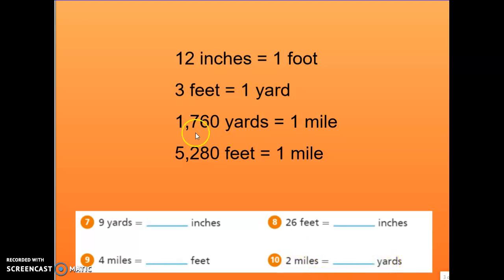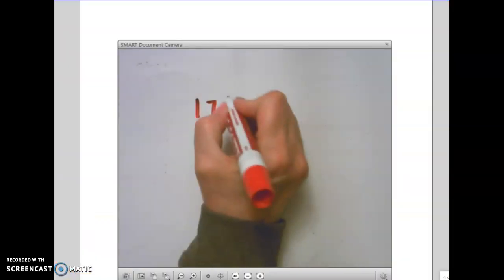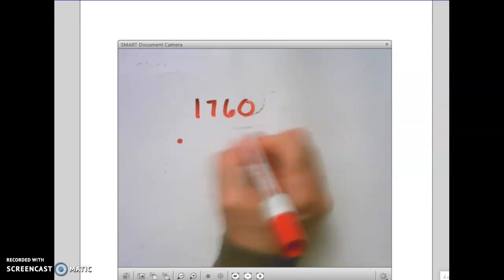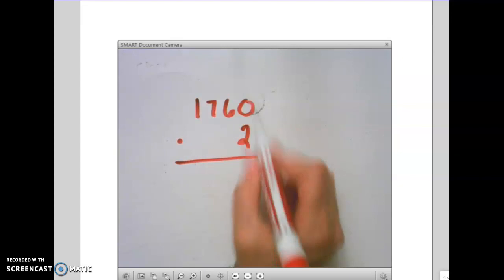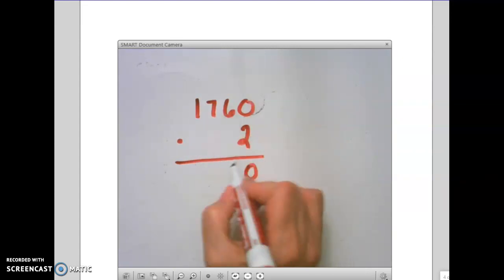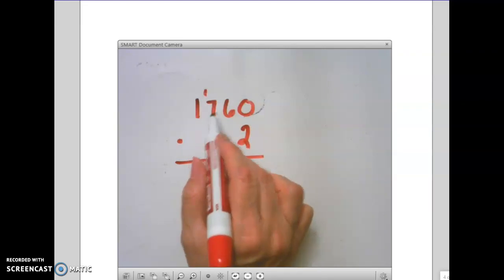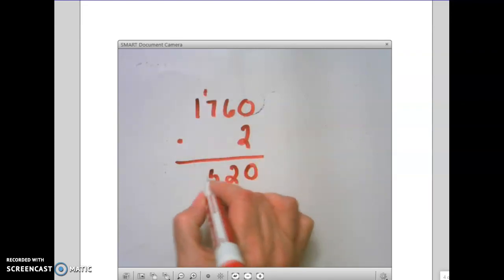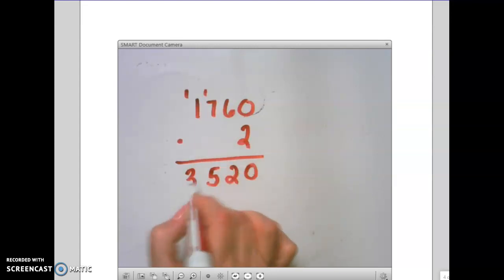All right, and our last one for conversion on this page would be how many yards are in 2 miles? Right here. 1,760 yards is 1 mile, so 1,760 times 2. 2 times 0. 2 times 6 is 12. 2 times 7 is 14, plus 1 is 15. 2 times 1 is 2, plus that 1.